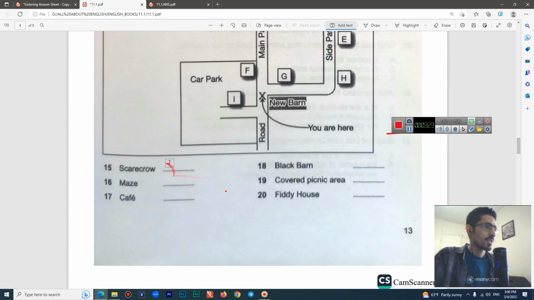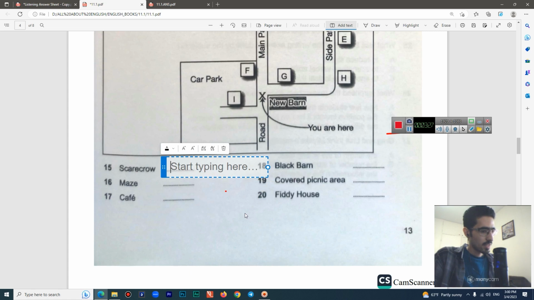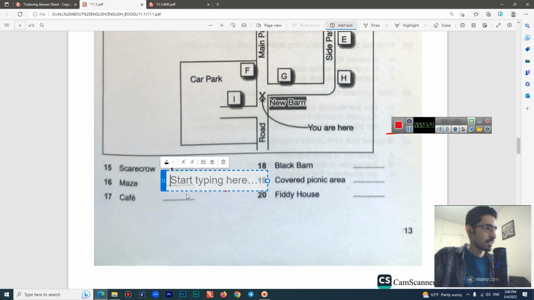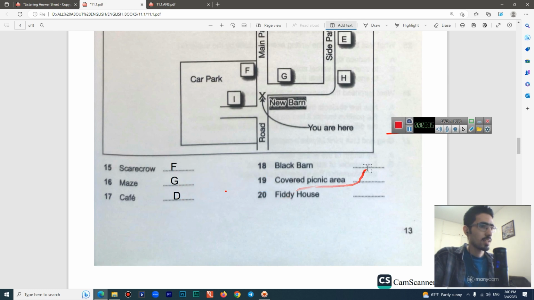Here the answers are: scarecrow is F, maze is G, D, H, C, A, H, C. Here I wrote B because I didn't even see A, so that is my mistake.